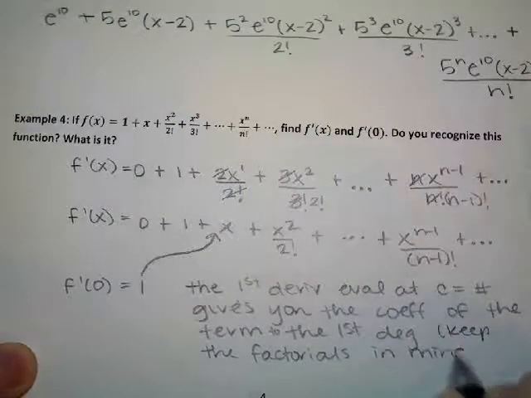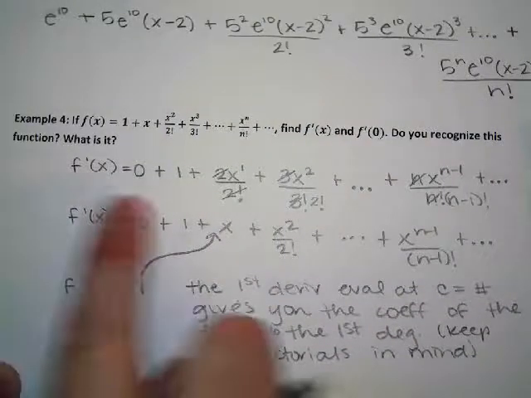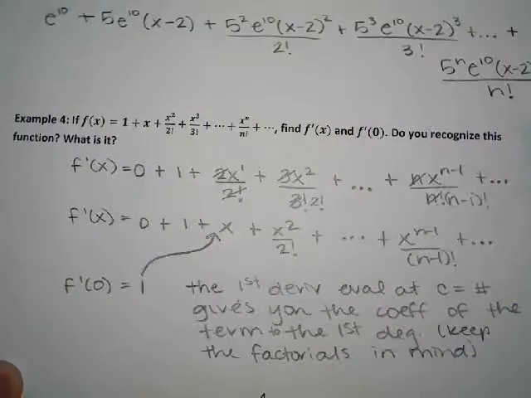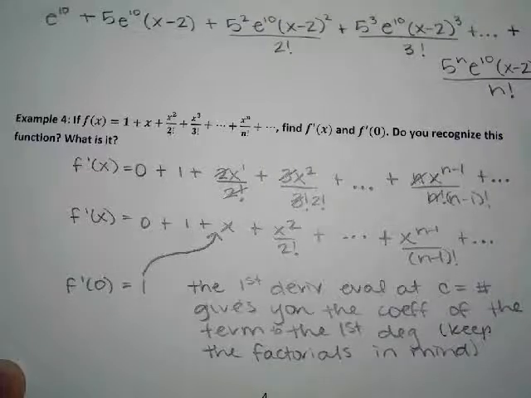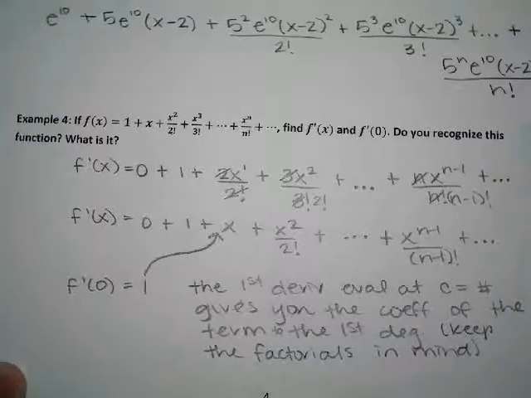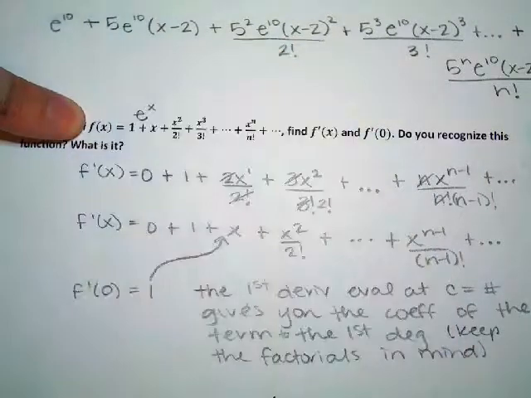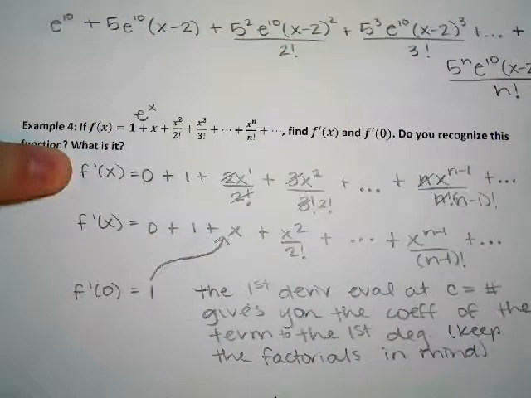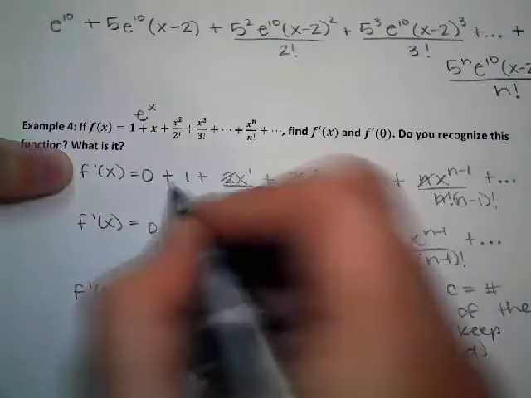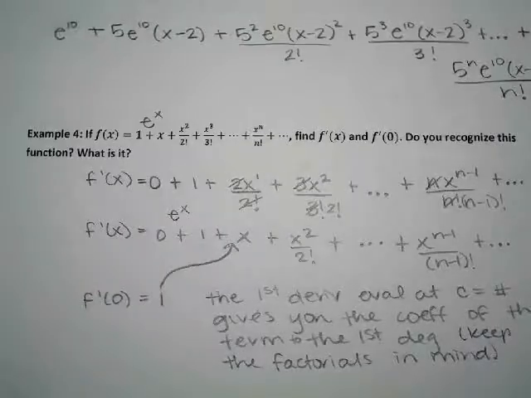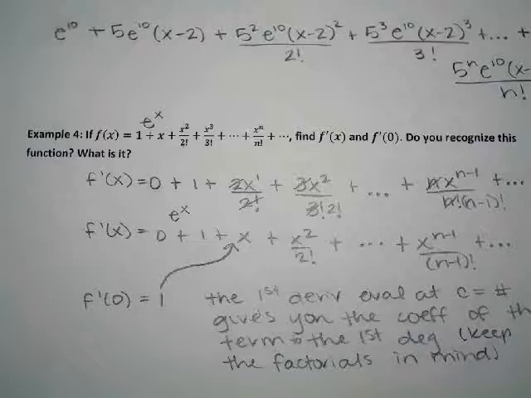Do you recognize this function? Yeah, it's e to the x. So what you'll notice is interesting is that f of x was e to the x. And then what was f prime of x? E to the x. So we know that when we're not dealing with Taylor polynomials or Maclaurin polynomials, the derivative of e to the x is e to the x.